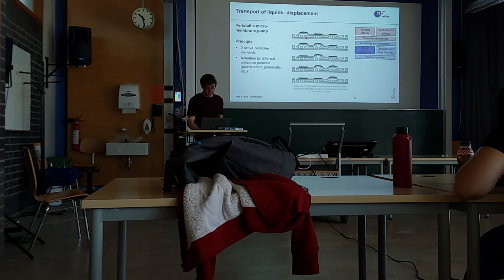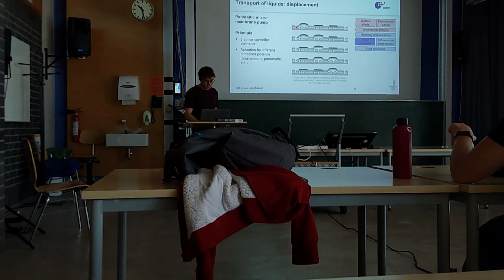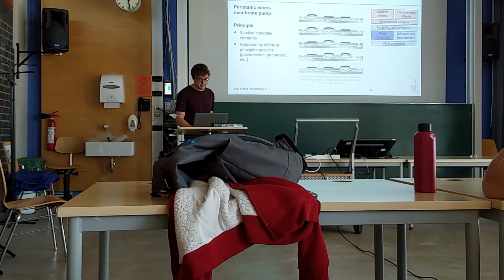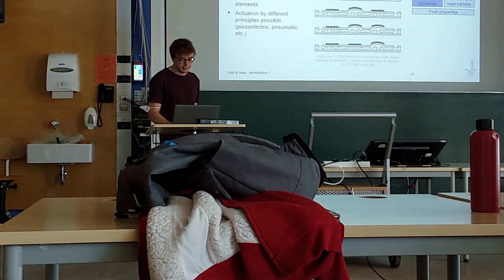So what you can see is that there are three controllable elements, these dark colored rectangles here at the top, and by activating them you can deform your membrane. And the idea here is that the liquid can move through these white colored areas basically.